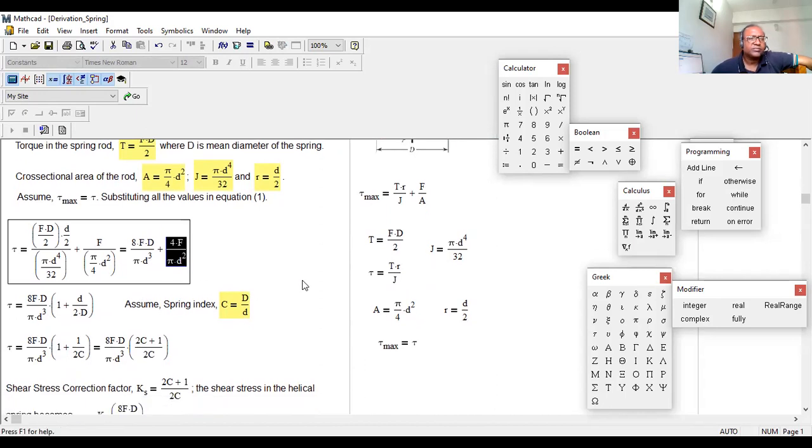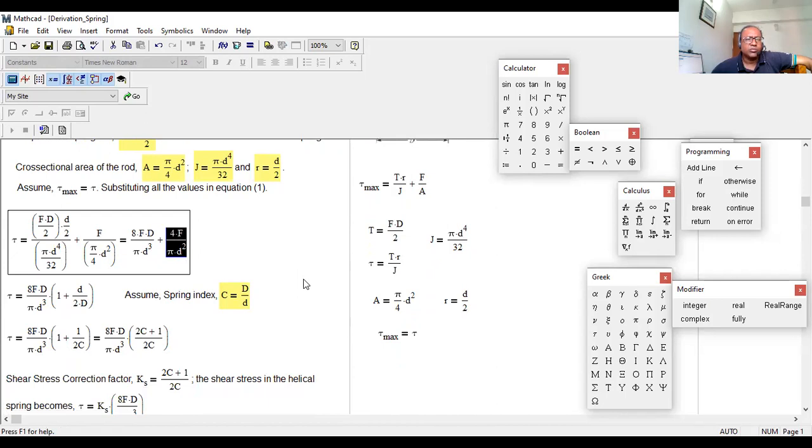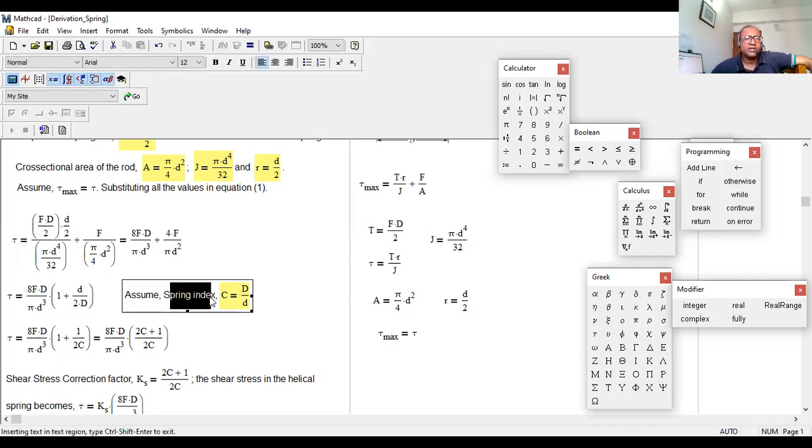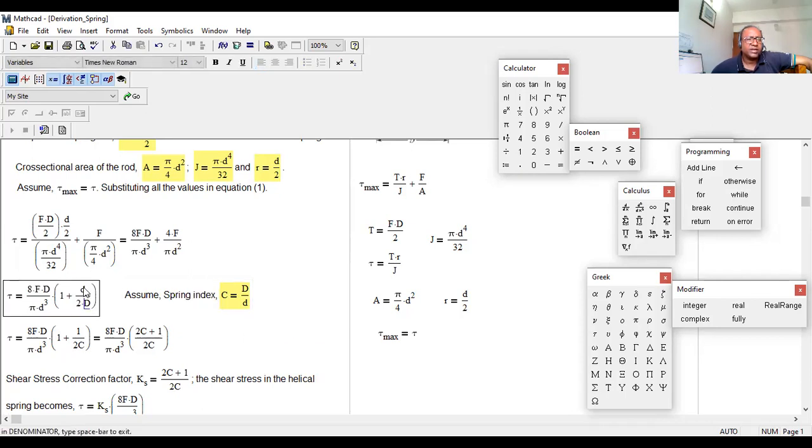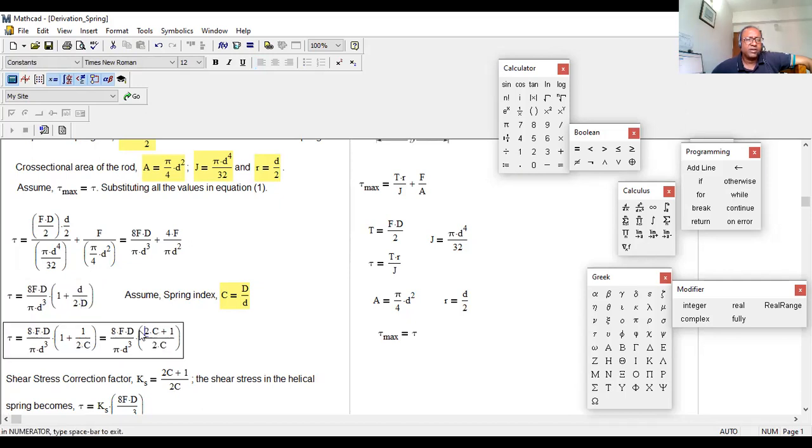Now, we assume a ratio, that means the mean diameter of the spring divided by the diameter of the wire, which is called the spring index, D by d. Obviously, it is greater than 1. So this will then be 1 by C, small d by big D, 1 by C. So 2C, 1 by C, then you just simplify, it comes in this format.